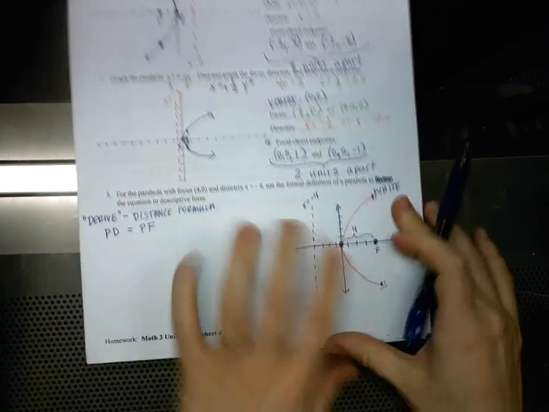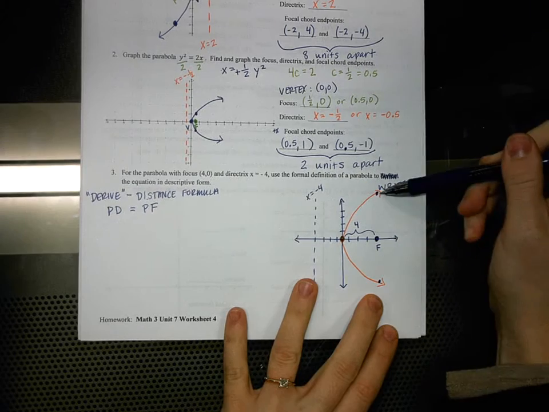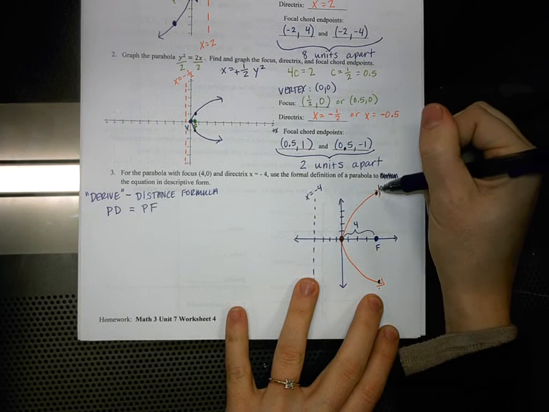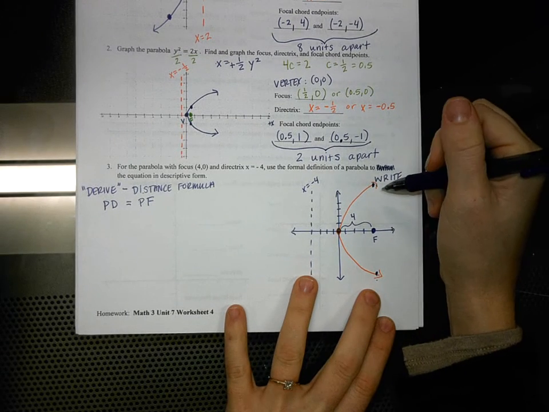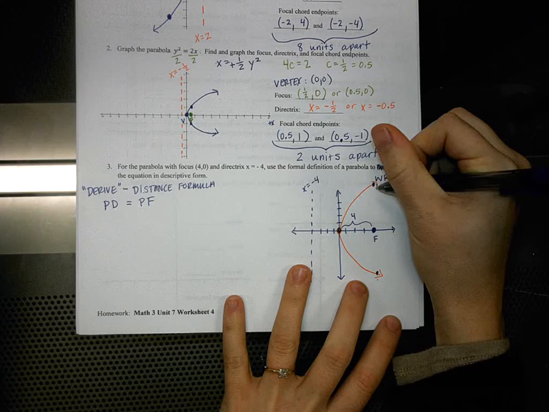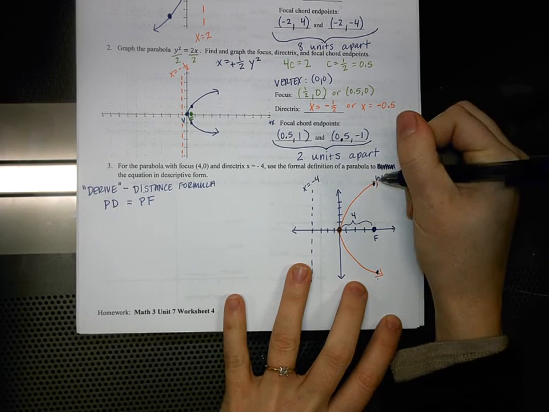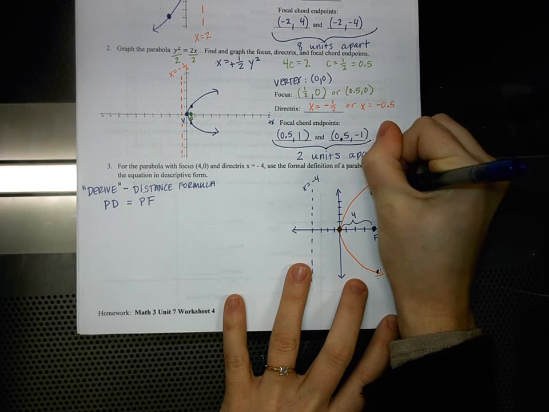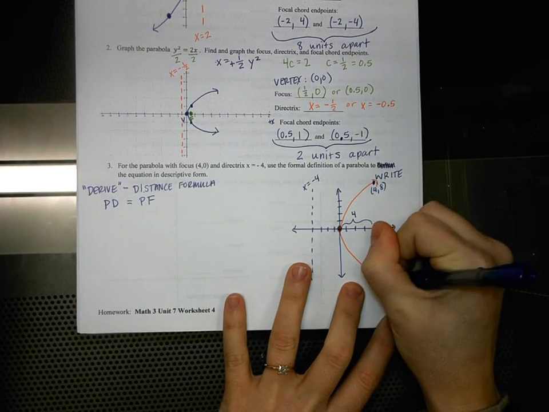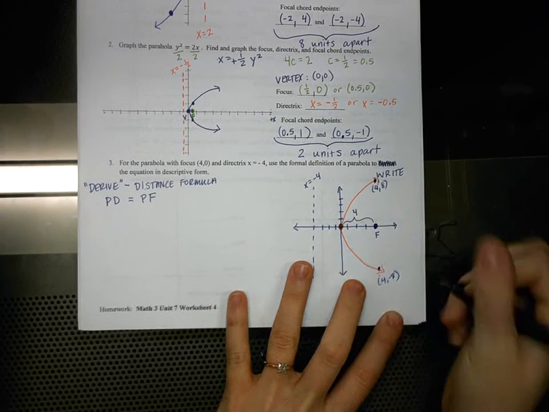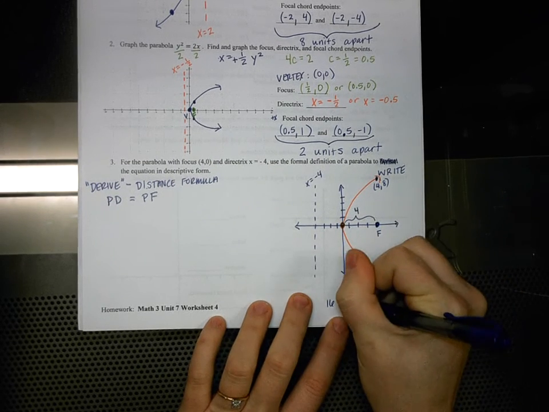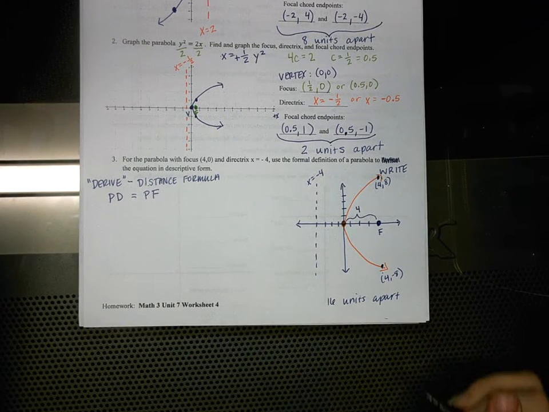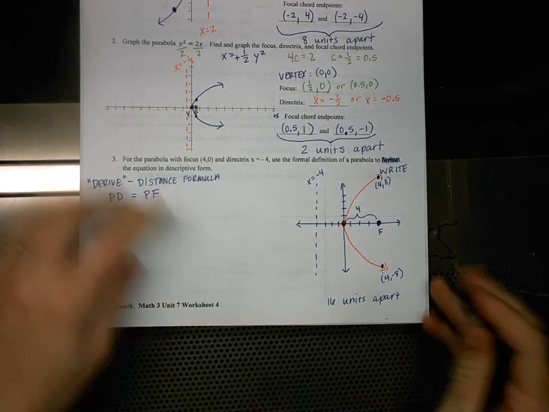I was asking you, how far apart are these two endpoints? Oh, so 16? 16. It's 8 in each direction. Okay, but I need to know how far apart they are from each other, which is 16, right? So this point is at 4, 8, and this point is at 4, -8, which is 16 units apart. So technically we were right. Depending on whether you would write your equation correctly will determine if you're right.